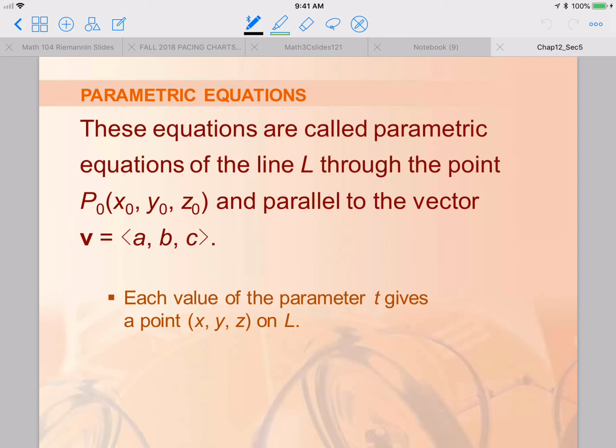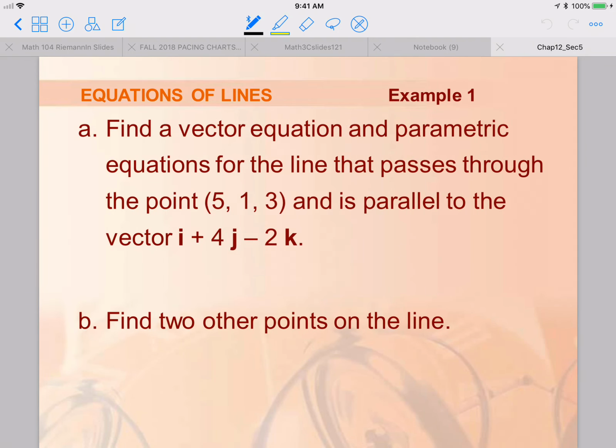Each value of the parameter t gives a point on the line. Whereas with the vector equation, each value of the parameter gives a position vector, with the tail at the origin and a tip on the line. We're now having an equation where the output is a point on the line.